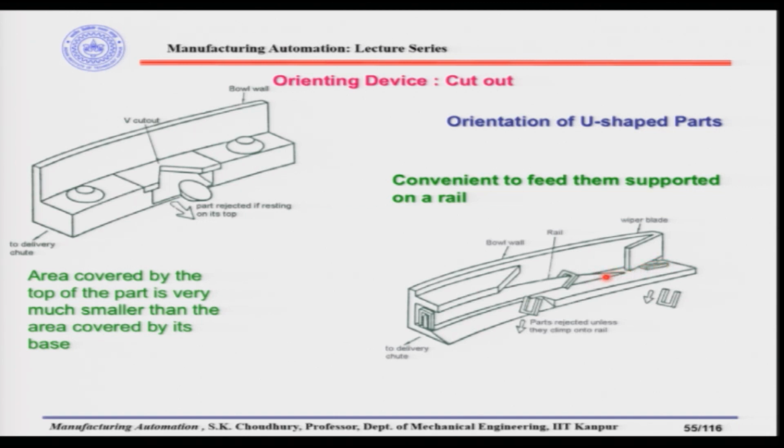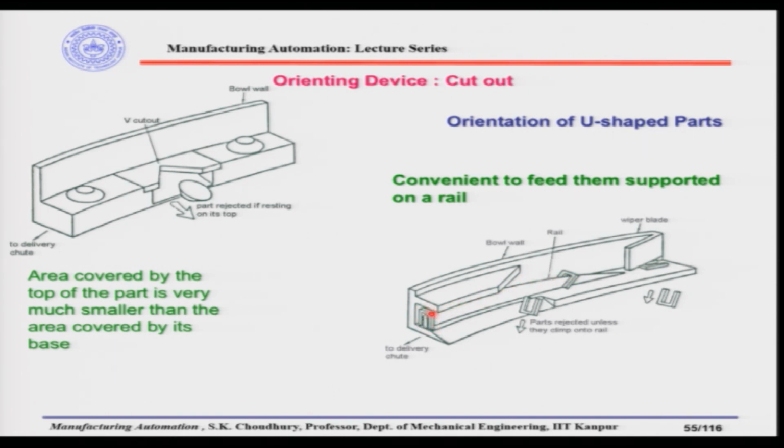Then these parts, when they come through the wiper blade, will be able to ride on the rail, as you can see here. This is quite self-explanatory. They will come through the rail, and there is a protection here so that the parts do not fall, and they come to the delivery chute in the right orientation.